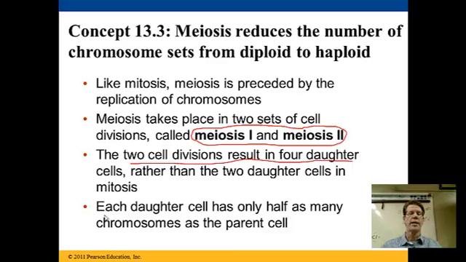And here's the big important point: each daughter cell has half as many chromosomes as the parent cell.